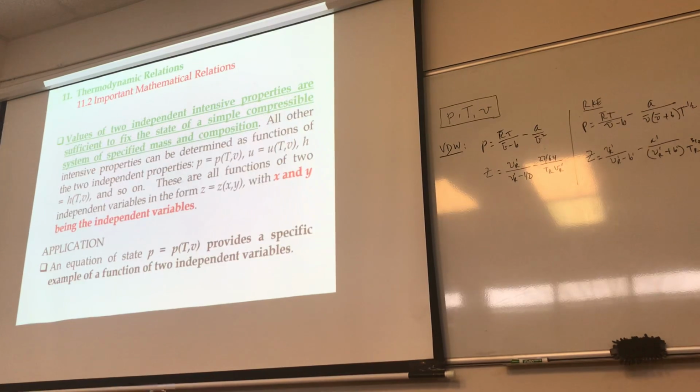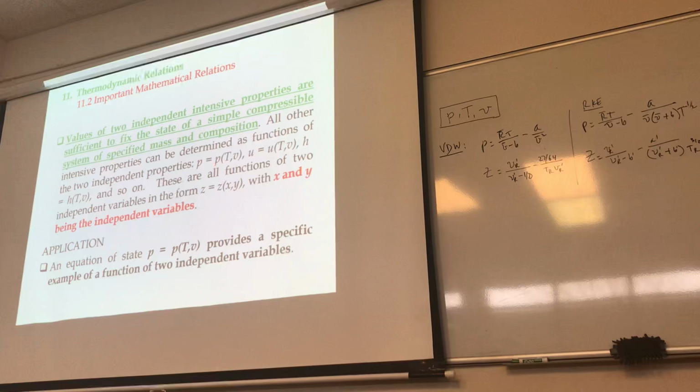Now, what do we do with all this? This is where the math part starts. We always said that we need 2 intensive properties to fix the state. So with 2 intensive properties, all other intensive properties can be determined as a function of those 2 properties.